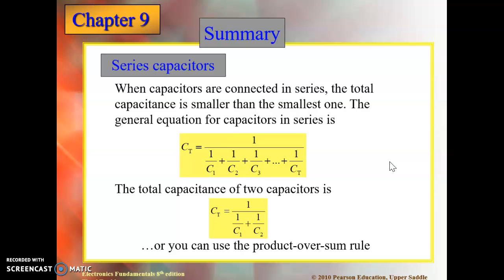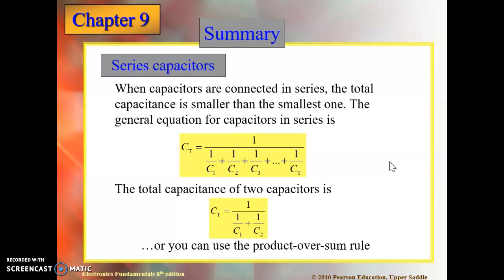So, series capacitors. When capacitors are connected in series, the total capacitance is smaller than the smallest one. The general equation for capacitors in series is: when they are in series, they add up like resistors in parallel.